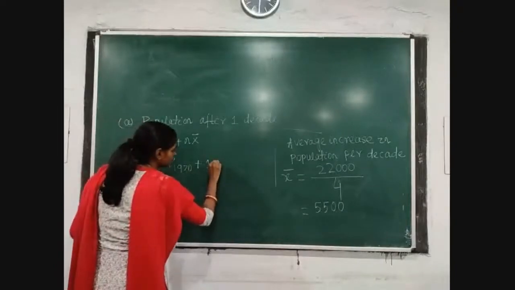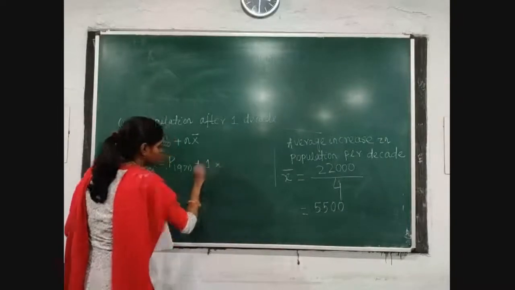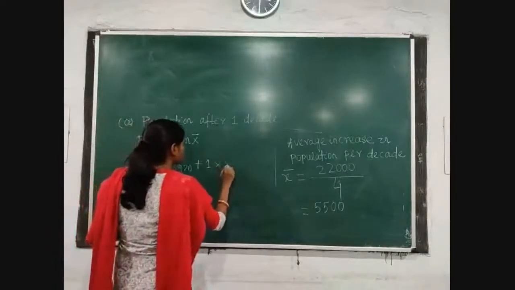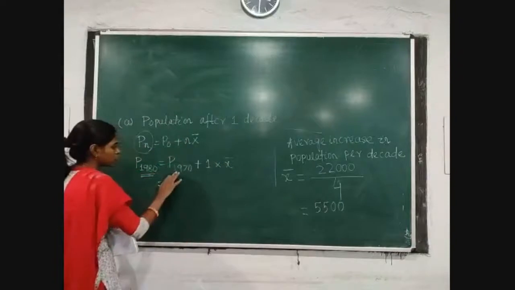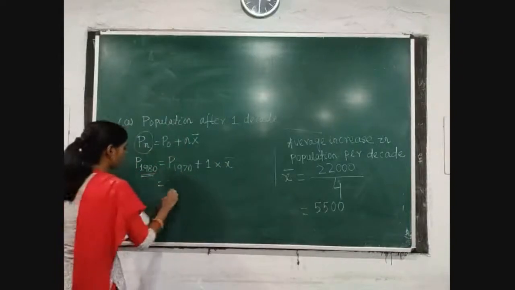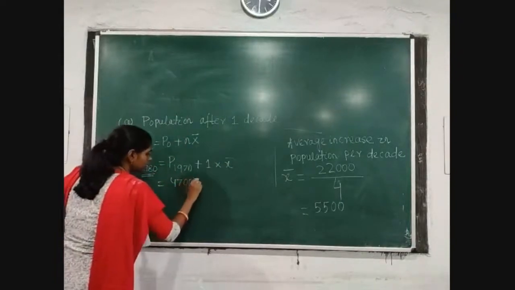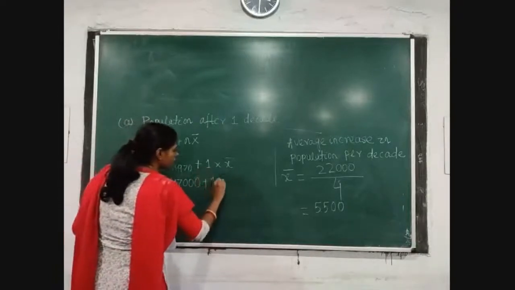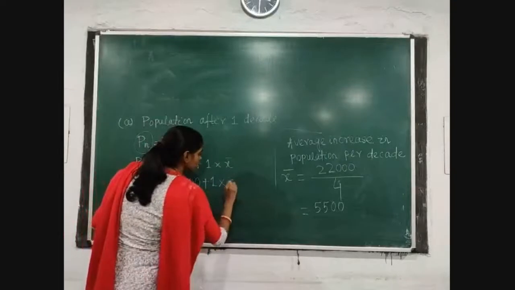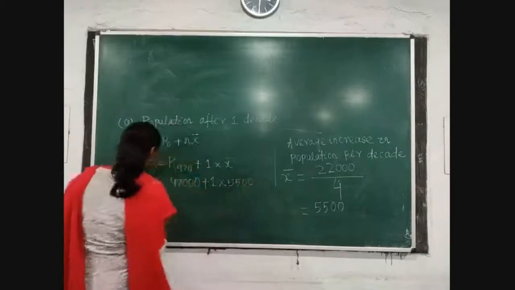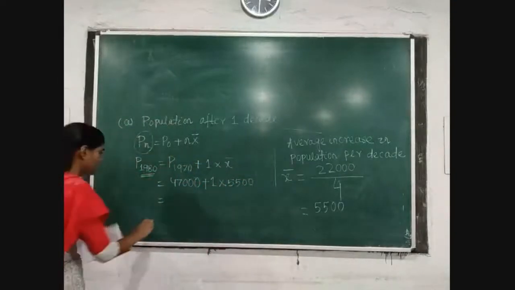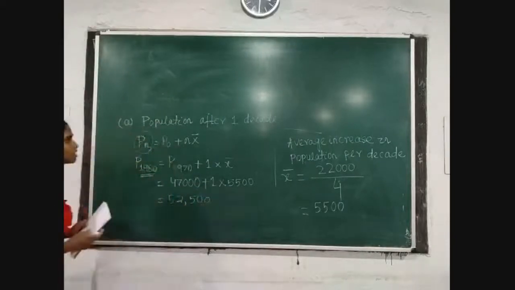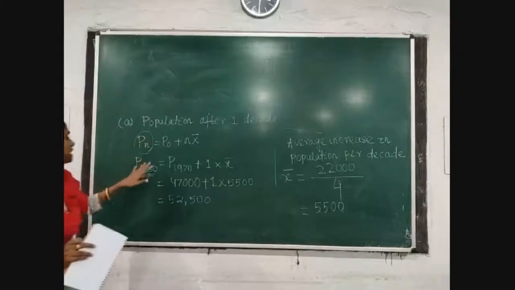Then x bar, the average increase in population, is 5,500. In 1970 the population was 47,000 as per our data, plus 1 into 5,500, we get 52,500. So this is the population after one decade, that means in 1980.